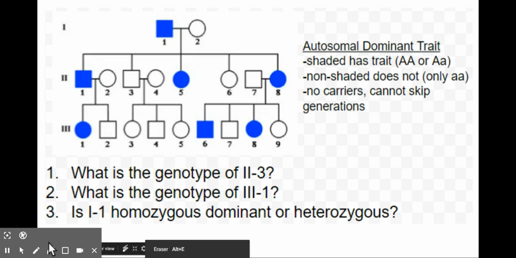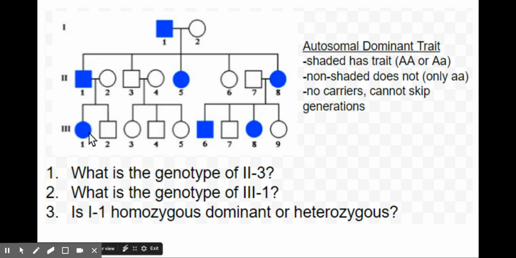So what is the genotype of 3, 1? 3, 1 has the trait. And again, when we're talking autosomal, male and female really does not matter at this point. So 3, 1 right here, we know it has it, but that doesn't necessarily tell us whether it is big A, big A, or big A, little a. So what we actually need to do is track back to the parents.